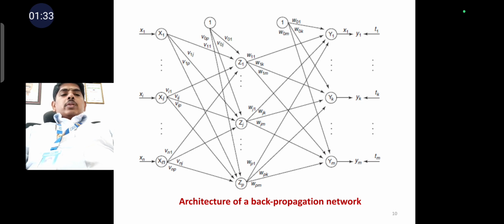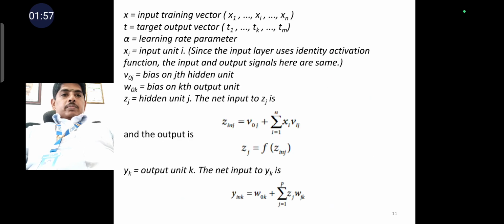The weights between the input neurons and hidden neurons we represent in terms of V, and the weights between the hidden neurons and output neurons we represent in terms of W. After this, the net result is fed back to the input side to update the weights.